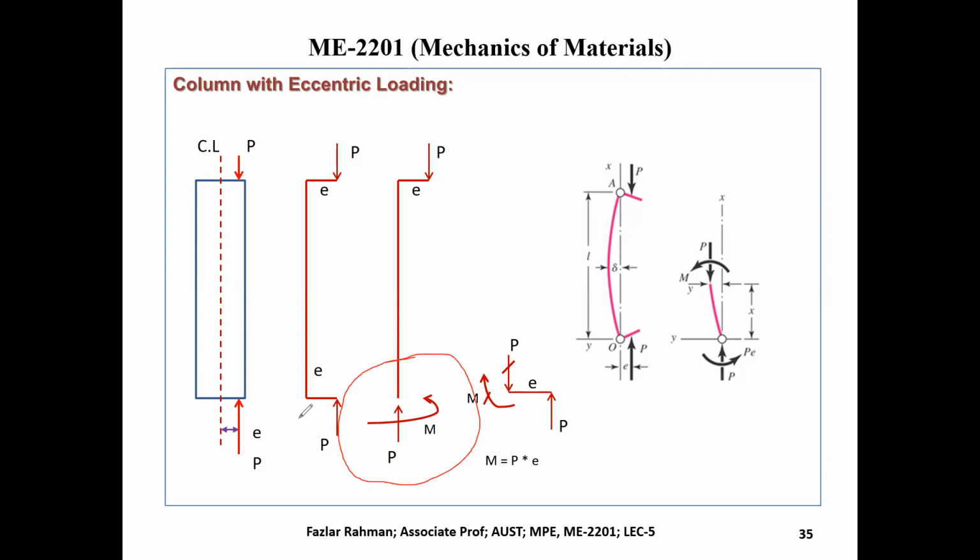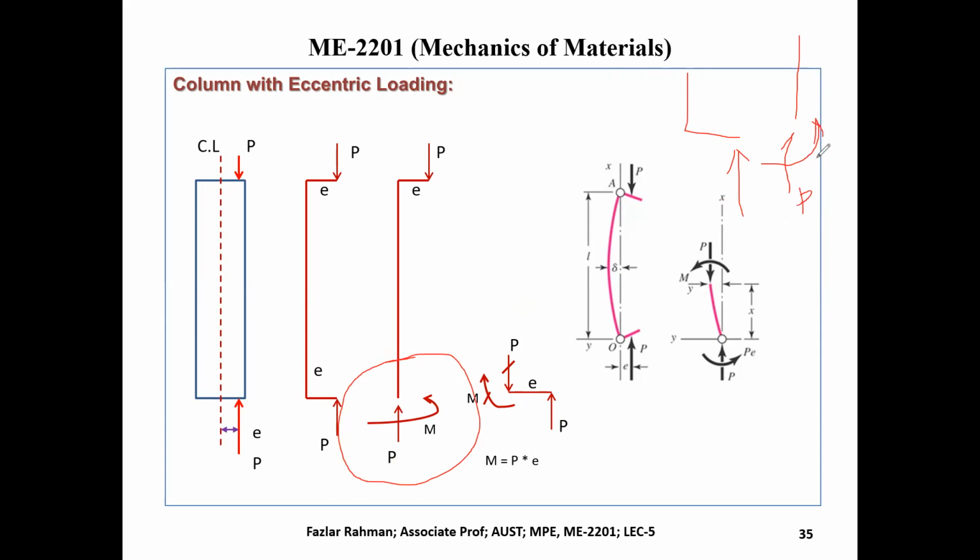Instead of this load, this point has an upward force, and it has a bending moment along this direction. Now, in the Euler equation we derived only one force, this vertical compressive force P. But in that case, you see there are two forces coming.